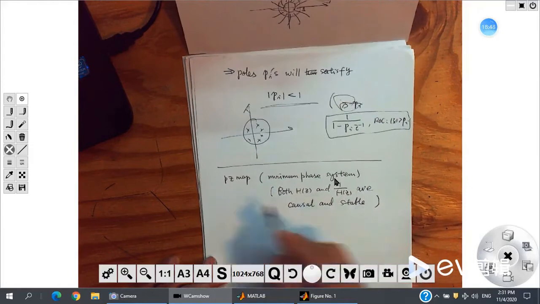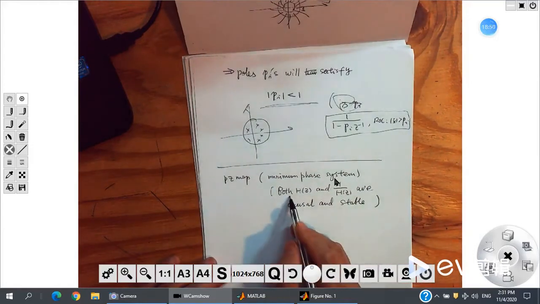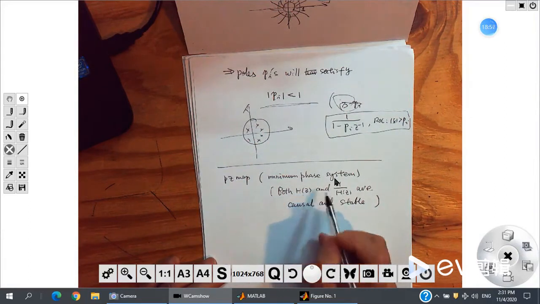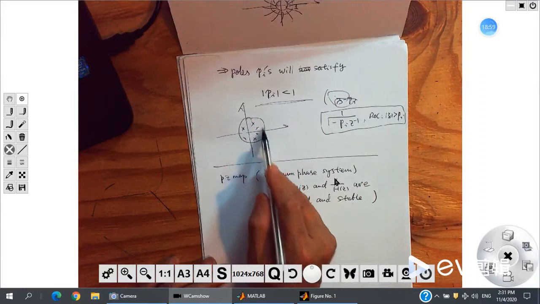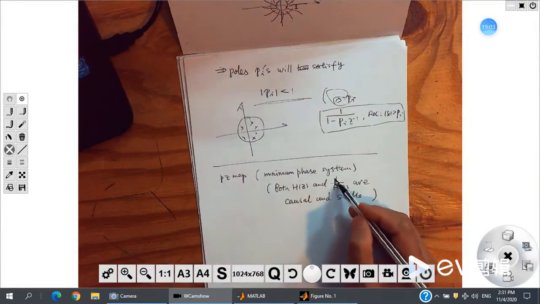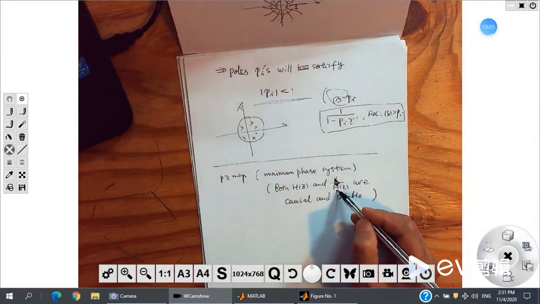And what is the pole-zero map of this kind of H? Now for H(z), you want it stable and causal, then the poles will be inside the unit circle. And for 1 over H, you will have the same thing.